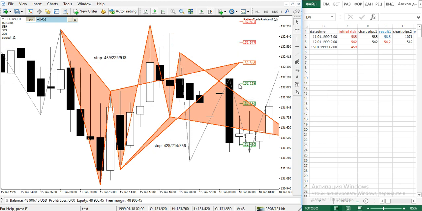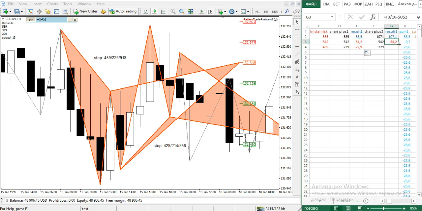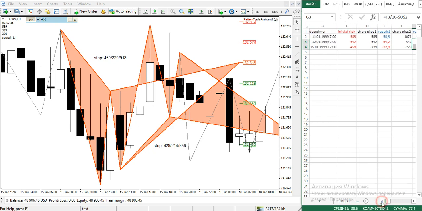And I remind you, when we hit our half, stop loss is moved from here to here, and this spike actually hit our stop loss, but it was half, and that's why instead of typing minus 45.9, we type minus 22.9, twice less, and here minus 22.9, also twice less. Okay, so I just do it.